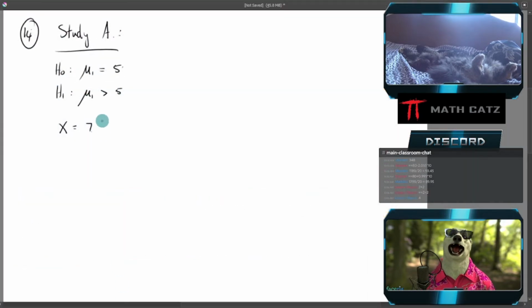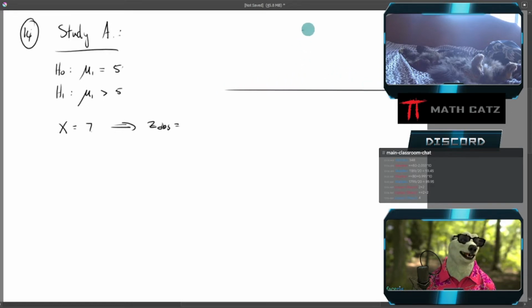We can change the raw score of 7 to the corresponding z-score that I'll call z observed. The observed z-score, to standardize it and see where on this normal distribution curve.